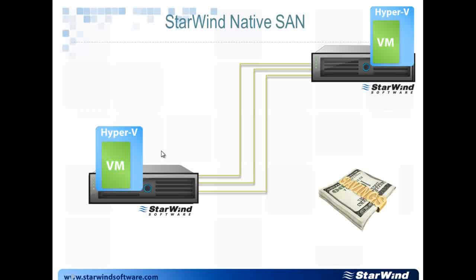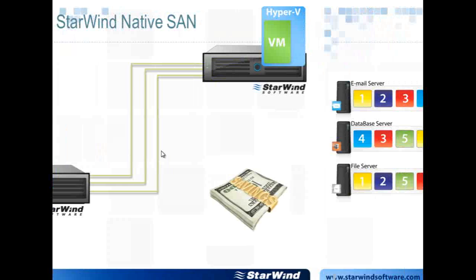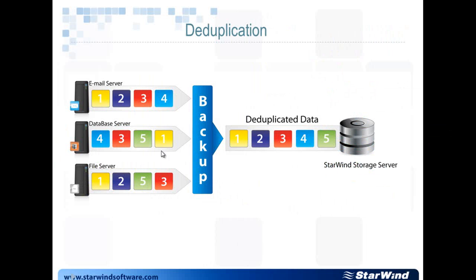I also want to draw your attention to deduplication. What is that for, you would ask. Let me explain. Let's imagine that we have a few hosts with some VMs, an email server, a database, or anything else. StarWind analyzes the data and searches for similar data blocks.